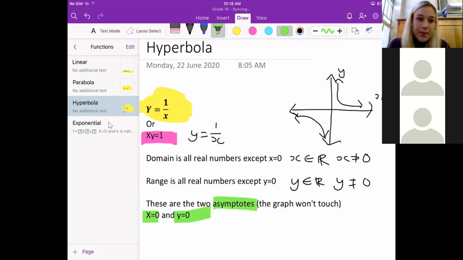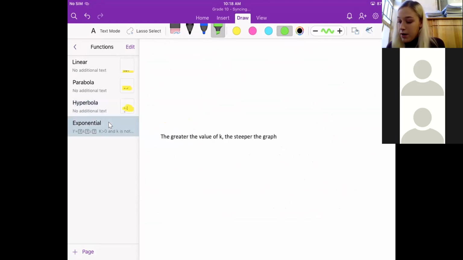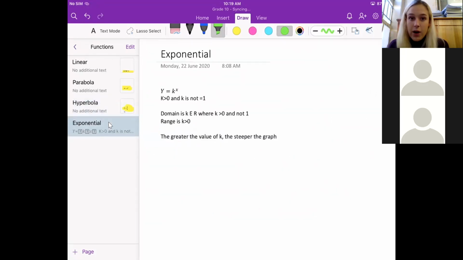Now we are on our last type of graph, which is called the exponential graph. This is always in the form y is equal to k to the x. So it's not to be confused with x squared. Remember, in our parabola we had x squared.